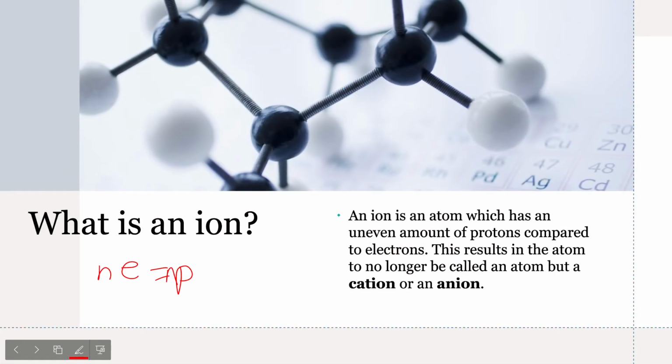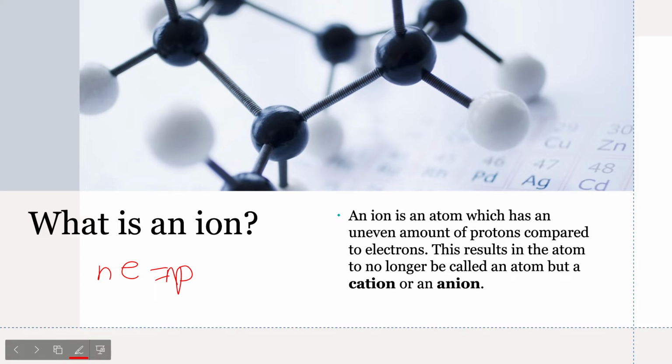An ion is an atom which has an uneven amount of protons compared to electrons. This results in the atom no longer being called an atom but a cation or an anion.